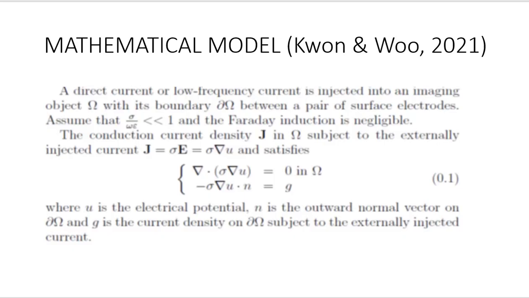then the current density, J here, inside the object due to the externally injected current satisfies this equation, where sigma denotes the conductivity of the object and E is the electrical field, or gradient U, where U is the electrical potential.